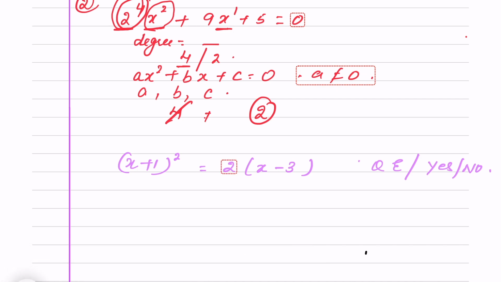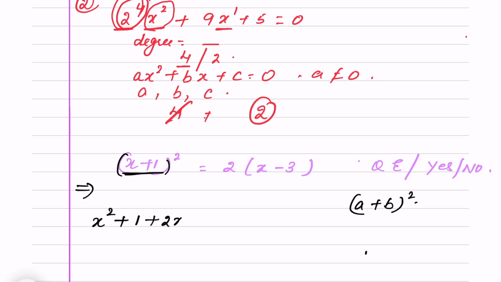Okay. What we are going to do is simplify it. How to simplify? x plus 1 whole square. You already know that a plus b whole square is a square plus b square plus 2ab. Now I multiply 2 into x minus 2 into minus 3, that is minus 6.